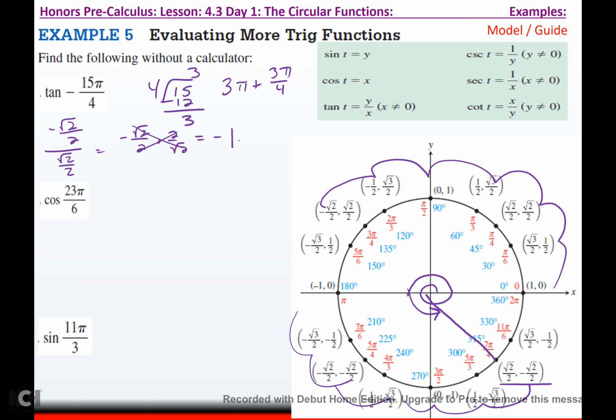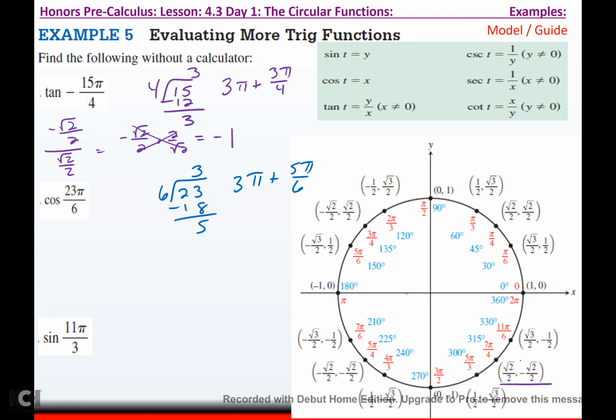Alright? Cosine of 23 pi over 6. I got to figure out where that is. Well, 6 goes into 23 3 whole times. Take away 18, leaves 5. So that's going to be 3 whole pi's plus 5 more pi over 6. So if I do that one, I have 1 whole pi, 2 whole pi's, 3 whole pi's, plus another 5 pi over 6, which from 0 is 1, 2, 3, 4, 5, 6, 7 steps.